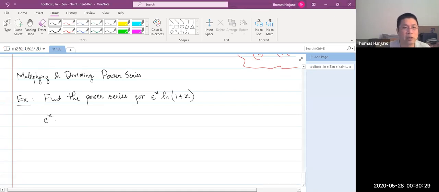e to the x is 1 plus x plus x squared over 2 factorial plus x cubed over 3 factorial and on.